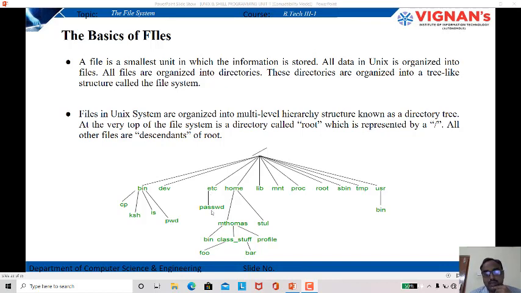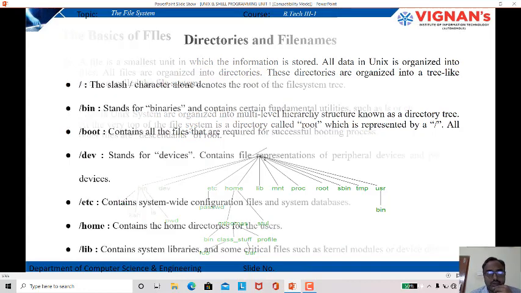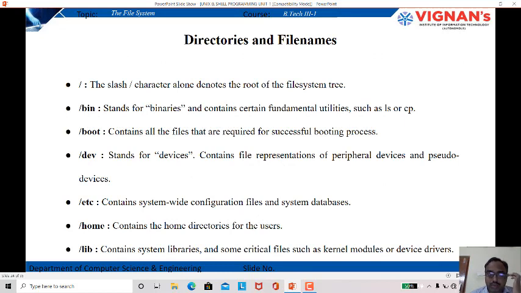Etc can have a password file, home can be categorized into users, and usr can be divided into bin. So this is the hierarchy of a directory, or directory tree. Now we'll discuss all these things in detail.